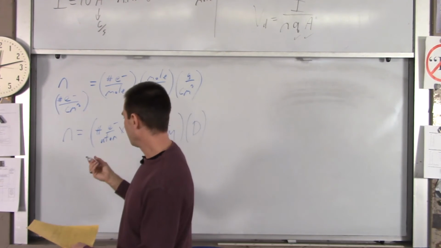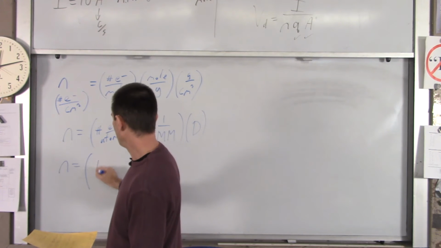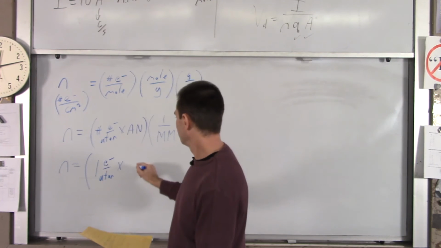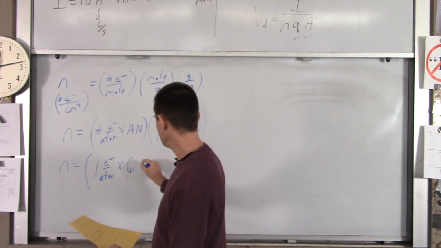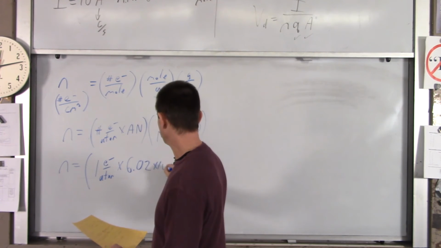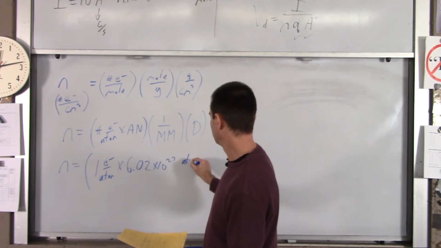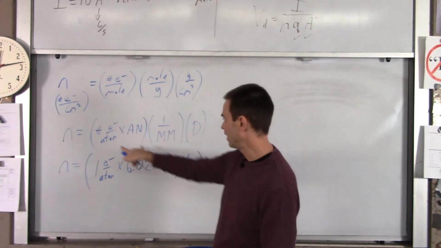So for us, N is, well, we've got 1 electron per atom that's free to move, times 6.02 times 10 to the 23rd atoms per mole. So that's that first term.